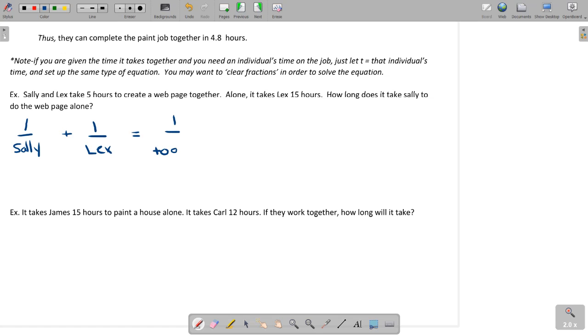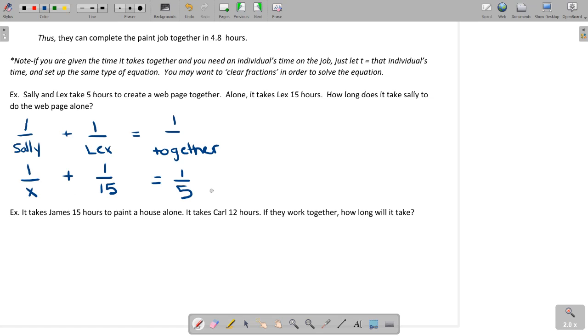So plug in what we know. Okay, we know that it takes them 5 hours together, so that's going to go right here for the together. Lex is 15, so 1 over 15 for Lex, and then our unknown is Sally. So Sally, the unknown, gets the X.